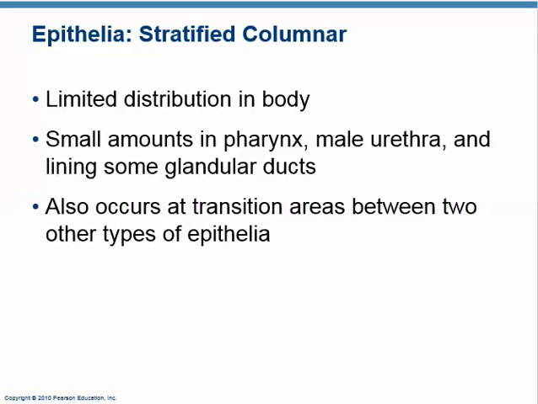Around the edge of the cervix, it will be cells that are kind of stratifying, but turning more into columnar. So they're not stratified squamous. You'll have some stratified cuboidal, and then some stratified columnar before you get into the straight pseudostratified columnar epithelium of the cervix itself that's producing a lot of mucus.